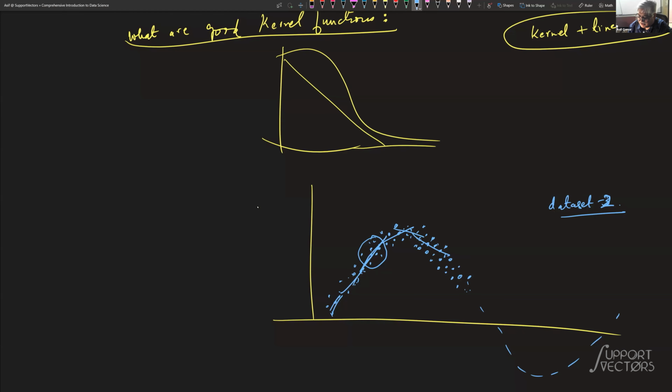All of them are predicting different lines, isn't it? Locally, this is the line, and that line is a pretty good prediction line for points in that neighborhood, isn't it?